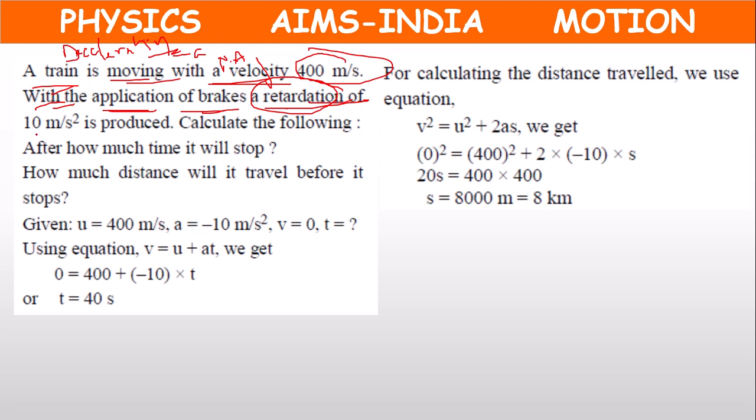So a retardation of 10 meter per second square is produced because of application of brakes. Velocity decreased and retardation created.